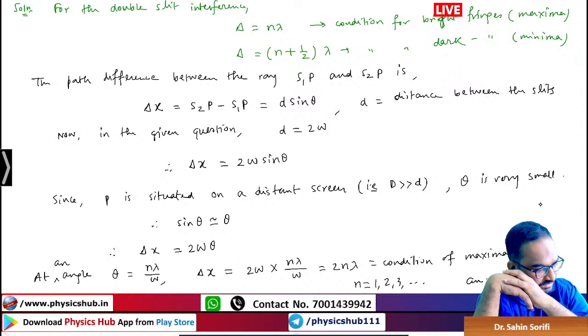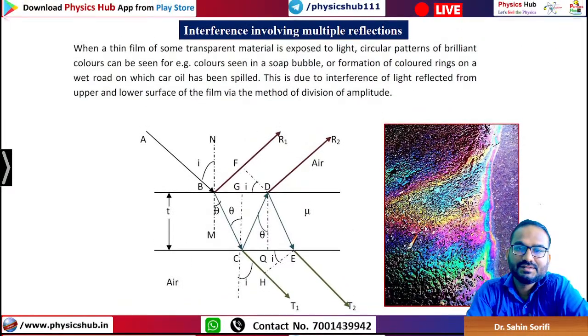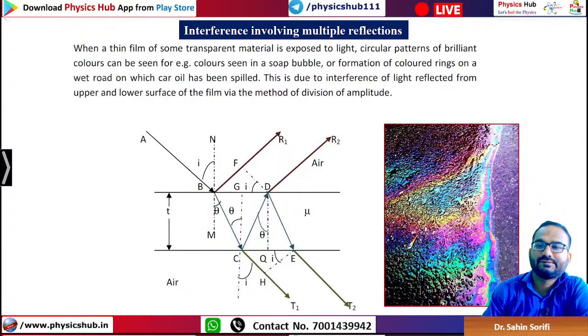Quickly guys, is it done? Okay, now look at this very interesting phenomenon, interference involving multiple reflections.